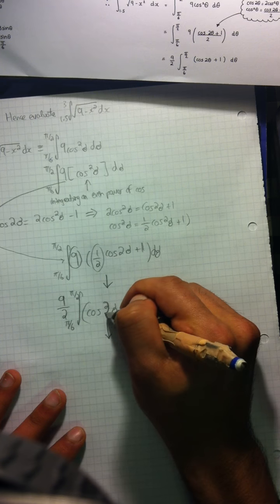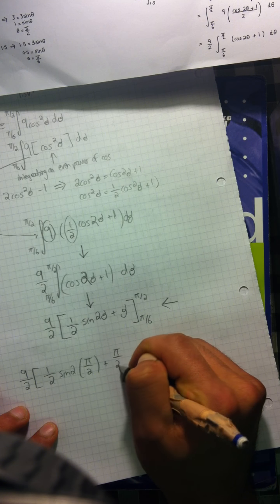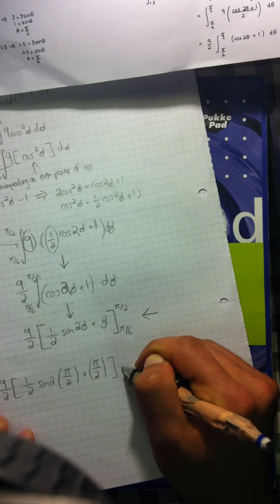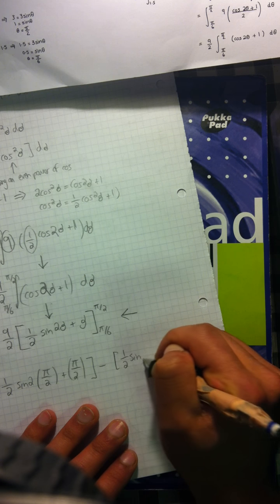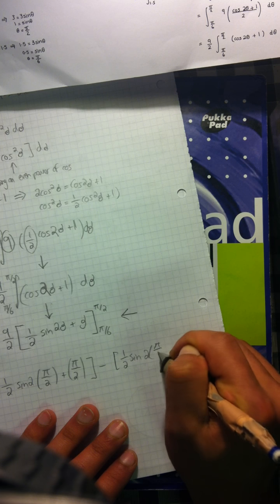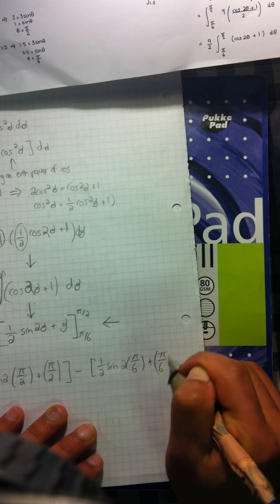So now WJEC do give you the mark for this. If you did want to go further, 9 over 2 times half sine 2 times pi over 2 plus pi over 2, minus half sine 2 theta with theta as pi over 6, plus pi over 6.